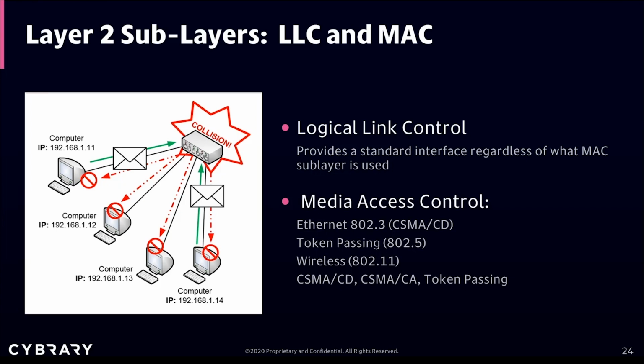Multiple systems can sense that at the same time, but instead of sending that data out, they send an intent message that essentially says, "Hey, I'm getting ready to send. Is that cool with everybody?" And if there are no other hosts coming back saying, "I'm sending too," then the wireless device transmits its information. So we don't have collisions in a token environment or in a wireless environment. We do in Ethernet, and one of our big challenges is going to be how we're going to address those collisions.